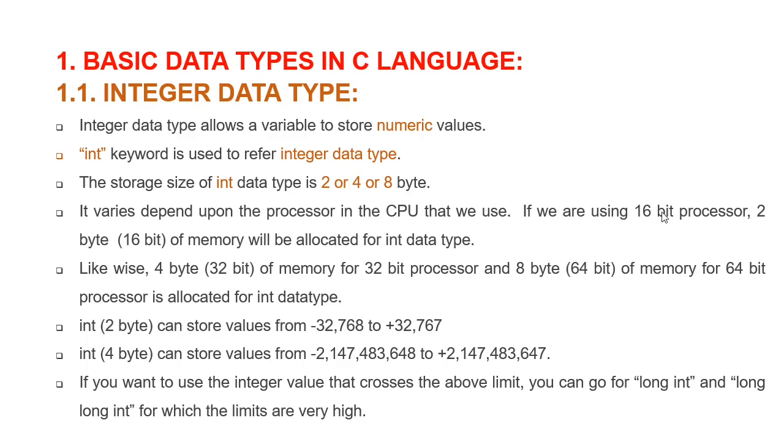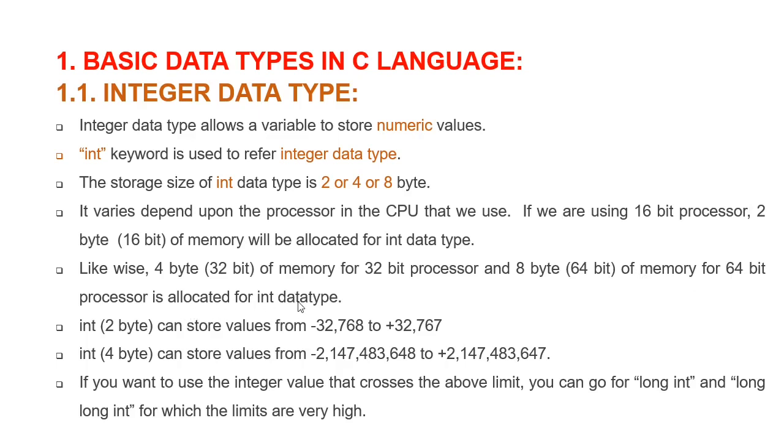If we are using a 16-bit processor, 2 bytes, that is nothing but 16 bits of memory, will be allocated for int data types. Likewise, 4 bytes, 32 bits of memory, for a 32-bit processor, and 8 bytes, 64 bits of memory, in a 64-bit processor are allocated.